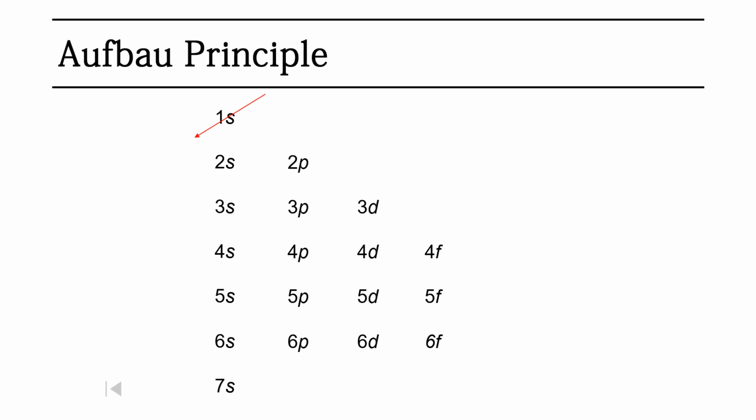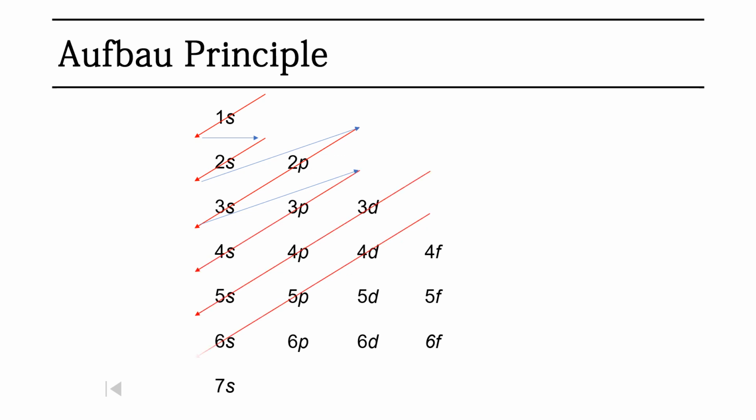So when I draw arrow lines, they represent the energy increment. Therefore you can understand how the energy increases with the energy levels and sub energy levels.